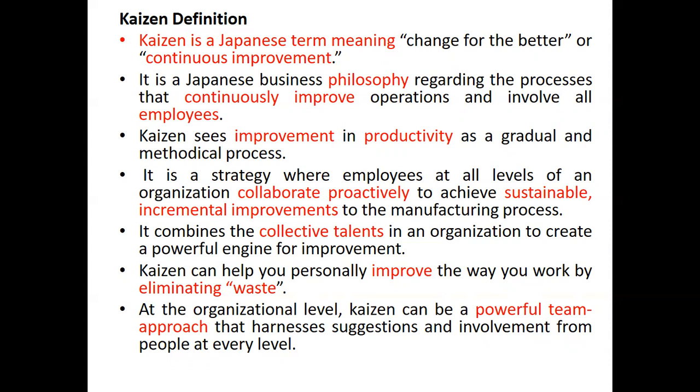Kaizen is a Japanese word. This is the principle created by Japanese people to improve our business scenario and our business environment. So Kaizen is the Japanese term meaning change for the better.